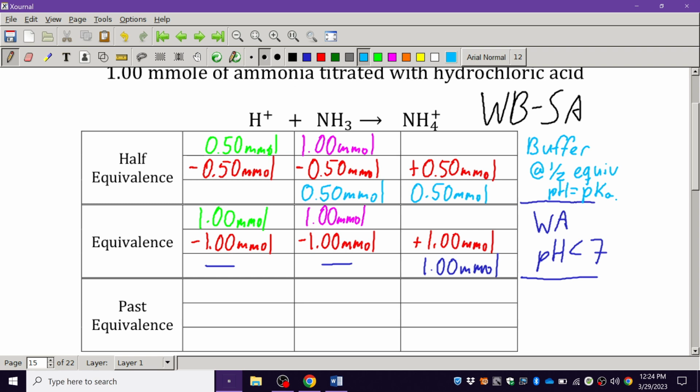How can we look it up? Okay, but I can tell you right now, if you go to your Ka tables, and you should be familiar enough with them to realize this at this point. If you're not, you've got some work to do. Does ammonium ion appear on that Ka table? No. So what else could I look for?